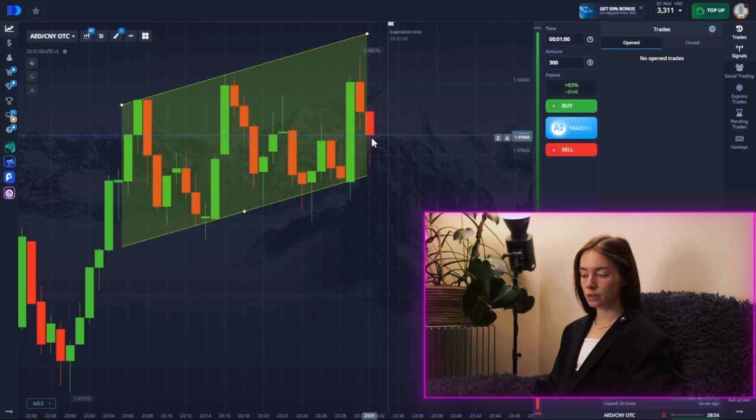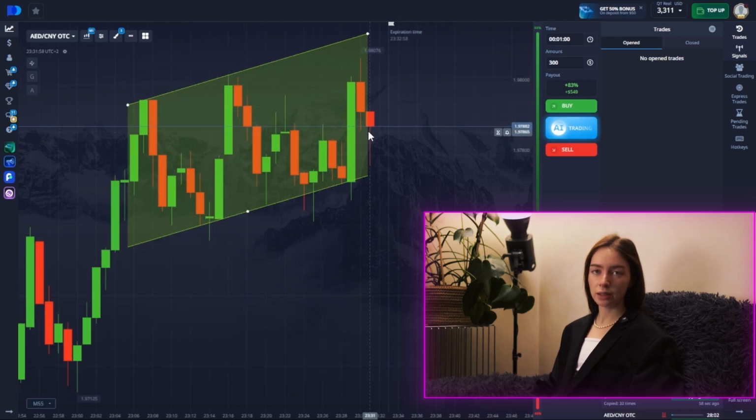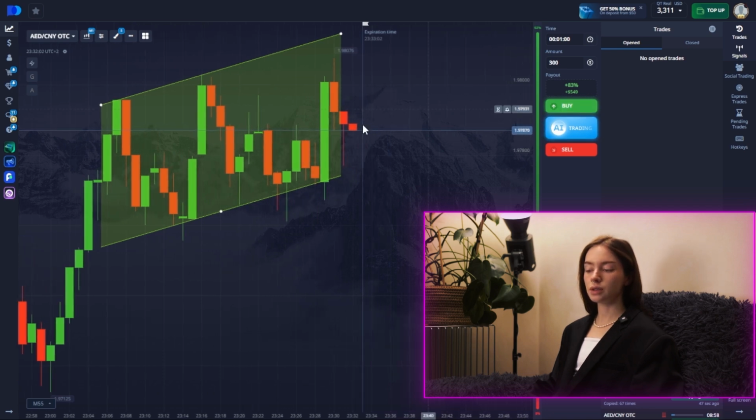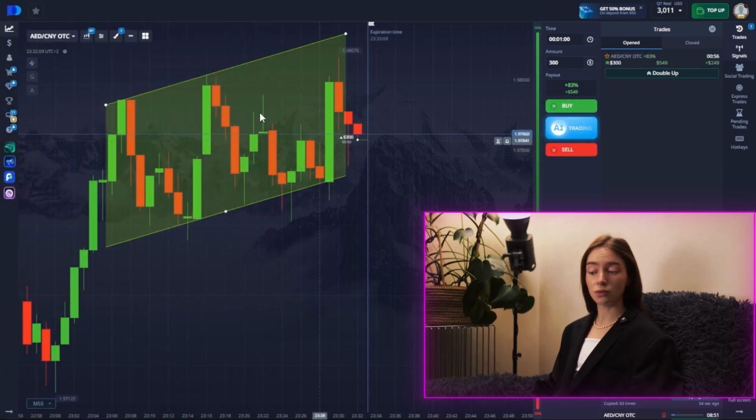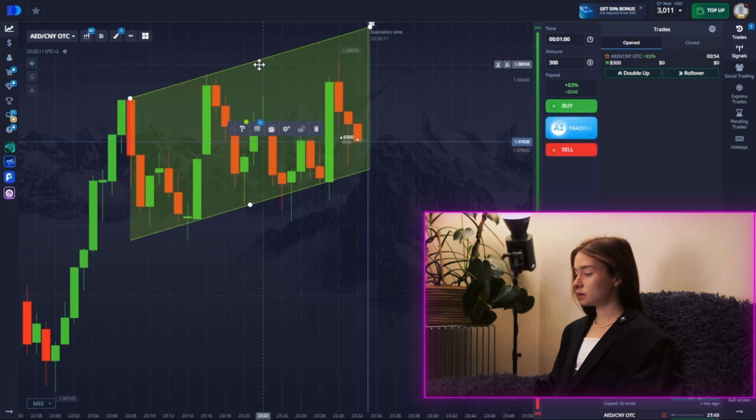We don't enter in the middle. We wait for the candle to drop a bit and then open a buy. After an unsuccessful trade, I still wait for the price to drop a bit lower before entering again, like here. 2 candles formed and I entered a buy.